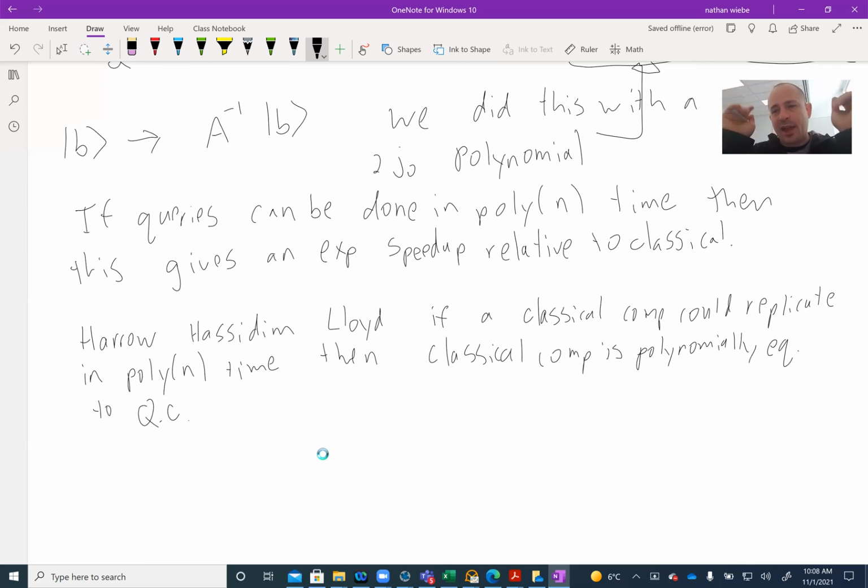So it seems like at first glance, this is an amazing algorithm. This provides an exponential speed up for a ton of really relevant problems, because let's face it, almost all problems that touch on applied linear algebra actually boil down to some variant of solving an inverse problem. And this gives an exponential speed up for it.